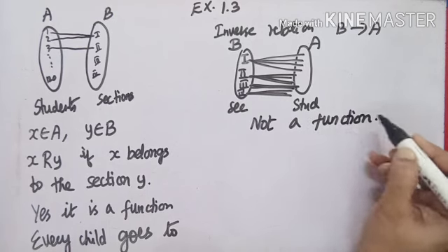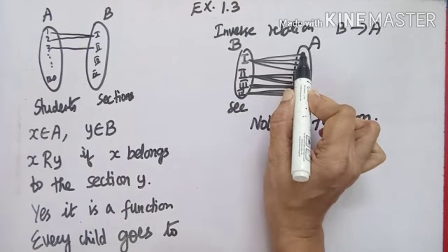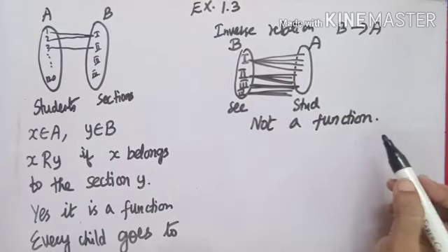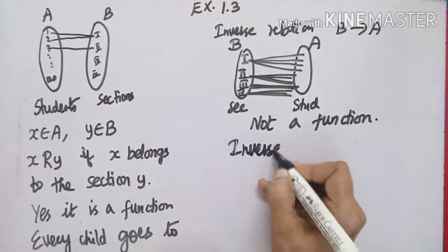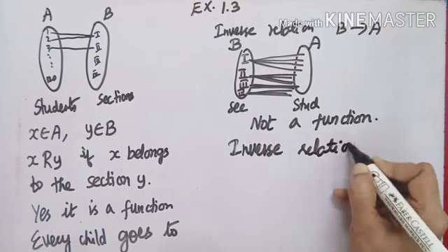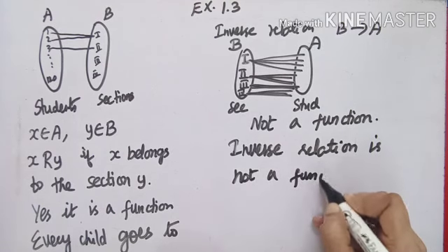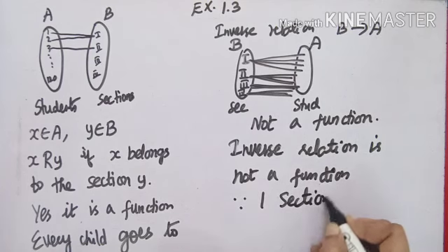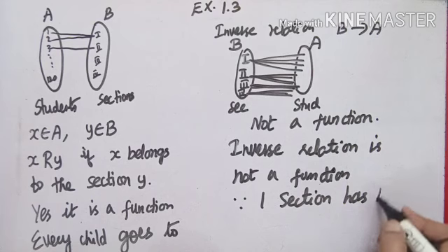What is the basic understanding of a function? One element should have only one image. Here section 1 has many students. So this is not a function. So let us write: the inverse relation is not a function because one section has many students, or in other words, one element has many images.